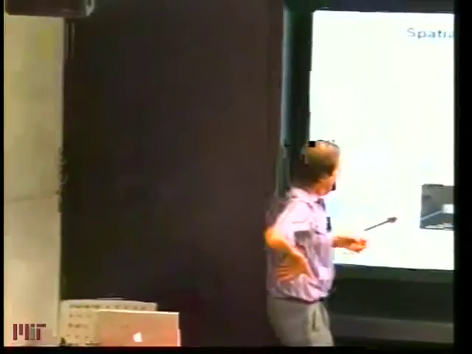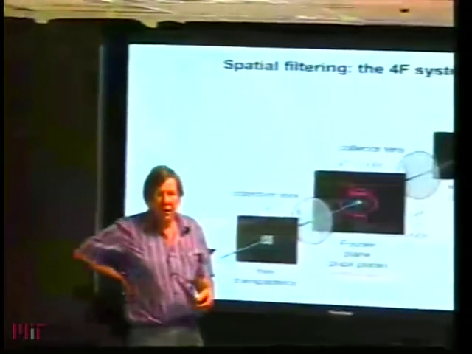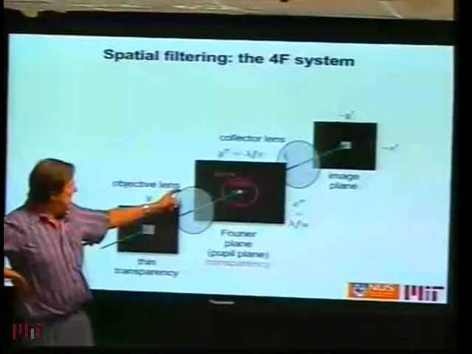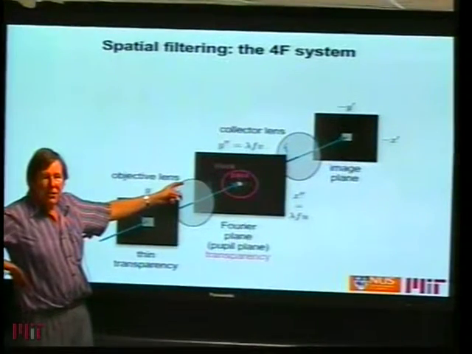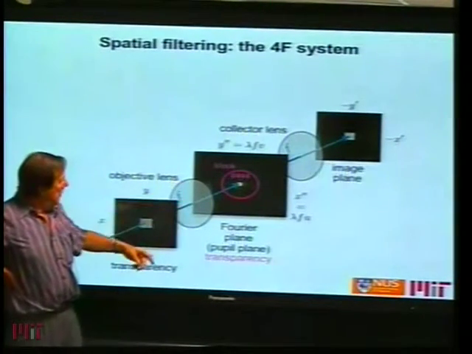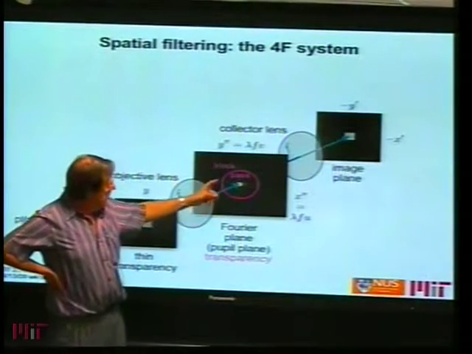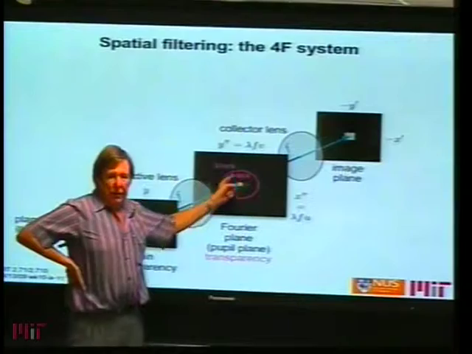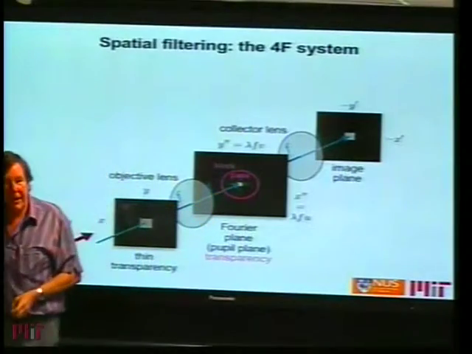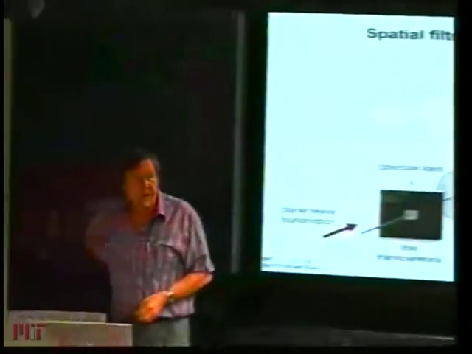One way it's not true is that these lenses are never going to be infinitely large. But also we could, if we wanted to, put some sort of mask in this plane to stop some of that light getting through to the image plane. And now we're going to look at what happens if we do that.